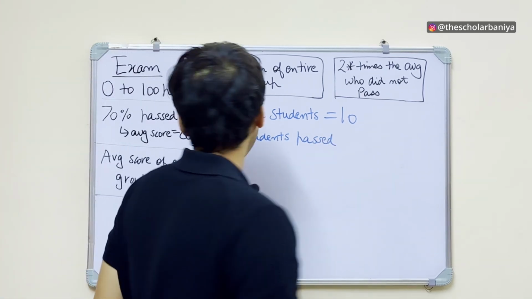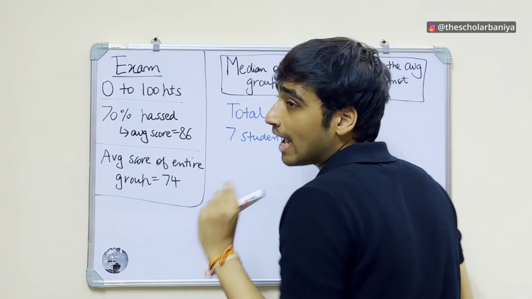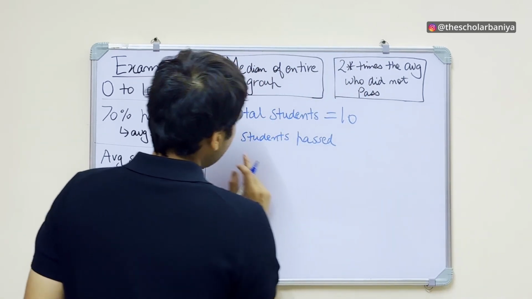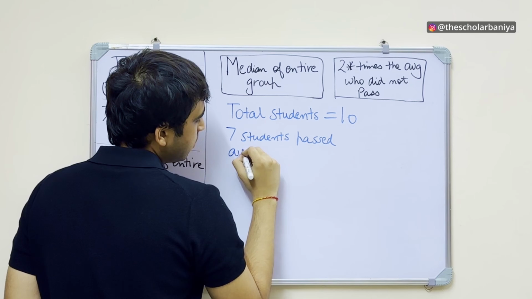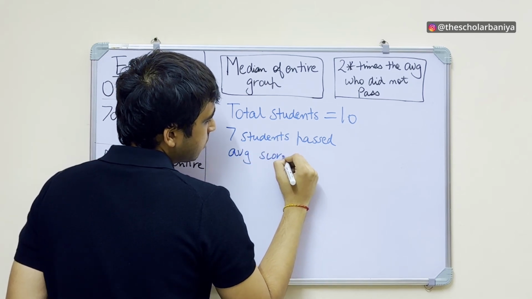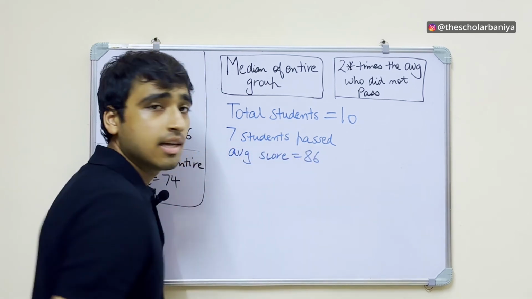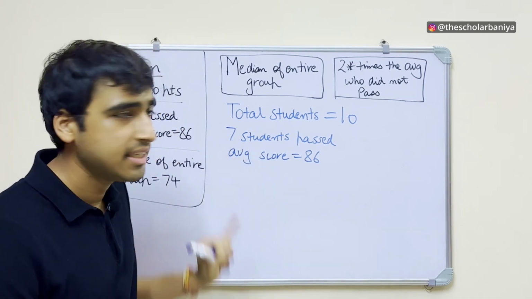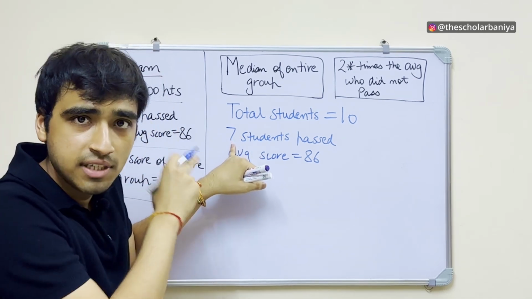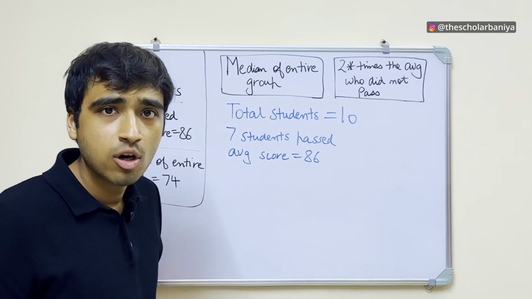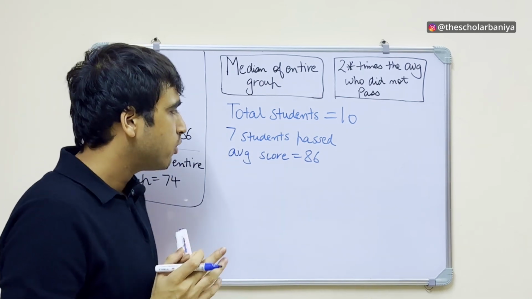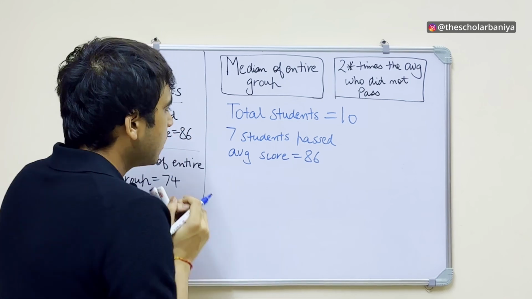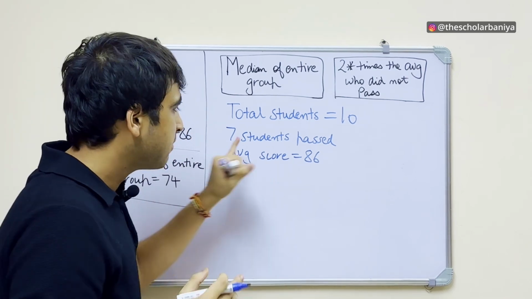And what is the average score? The average score of those who passed is 86. That means each student out of these 7 students has got a score of 86 on average. So what will be the sum of the scores of these 7 students?